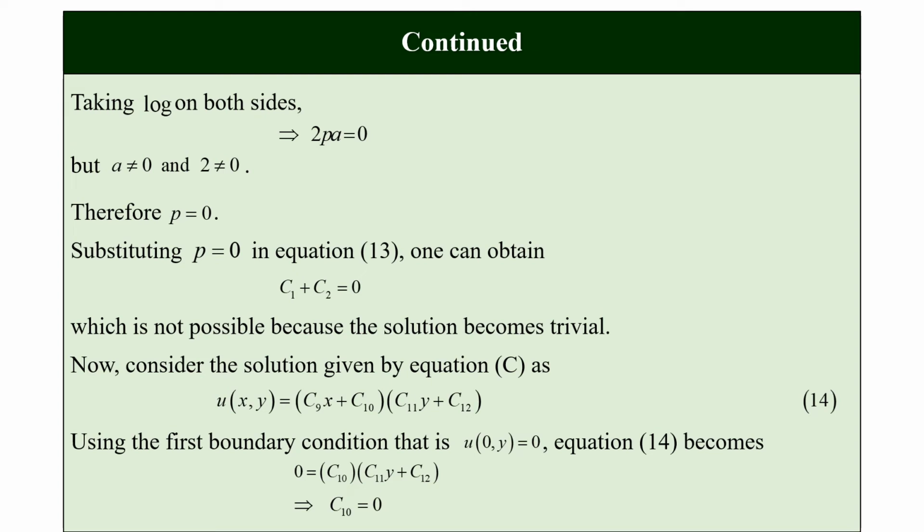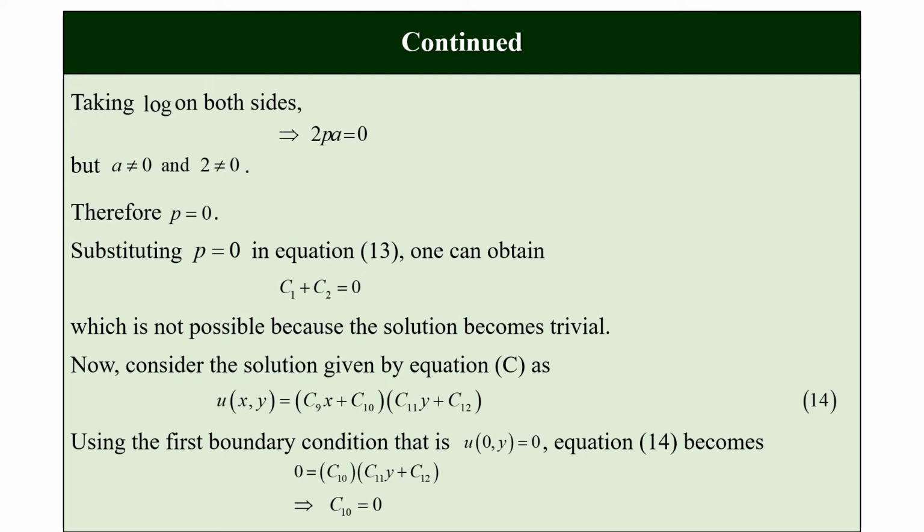As a can't be equal to 0 and 2 can't be equal to 0, because we have given the range of x varying from 0 to a, this implies the value of p is equal to 0. If p is equal to 0, then equation 13 implies c1 + c2 = 0, and from here we get the trivial solution, which is not possible. Now again we consider the solution given by equation C.